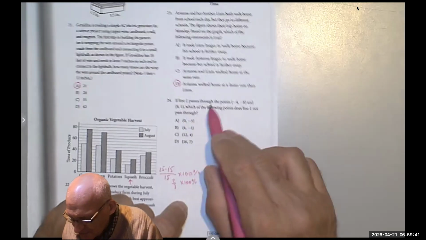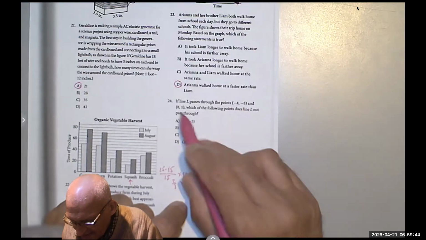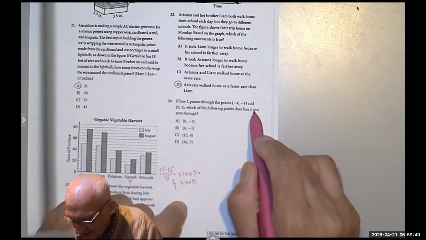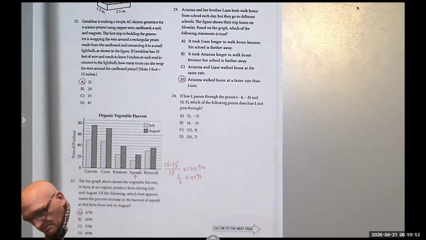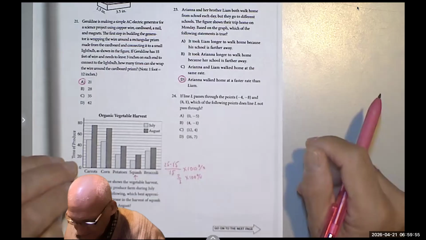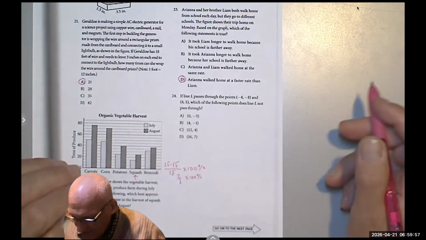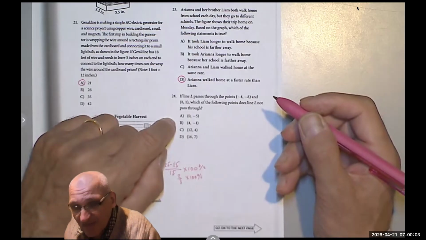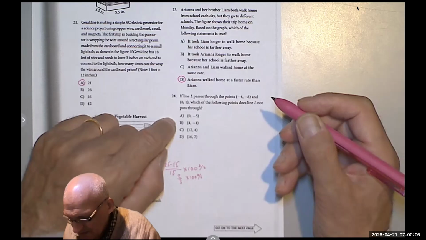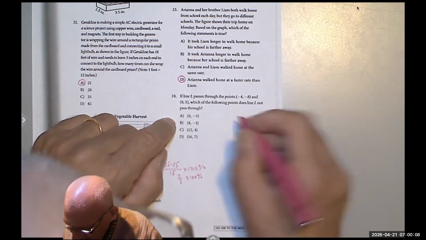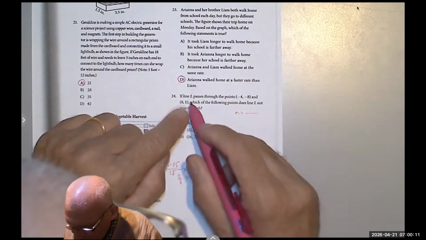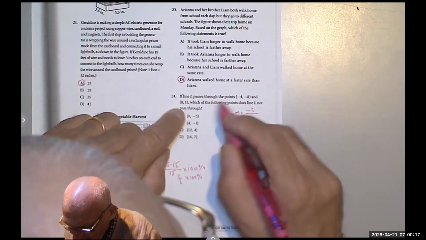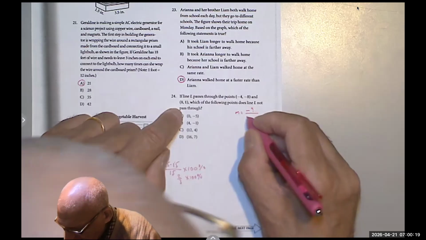If line L passes through the points (-4, -8) and (8, 1), which of the following points does line L not pass through? Okay, I think we can calculate the slope again to get the equation of the line. There must be an easier way, but okay, let's see. The slope is, I go from 1 to -8, that's a decrease of 9 in the y, and from 8 to -4, that's a decrease of 12.